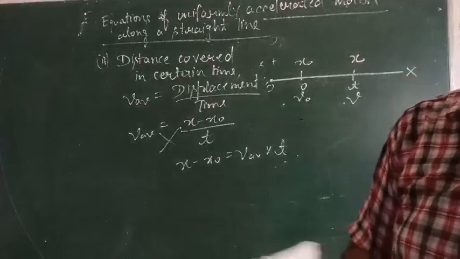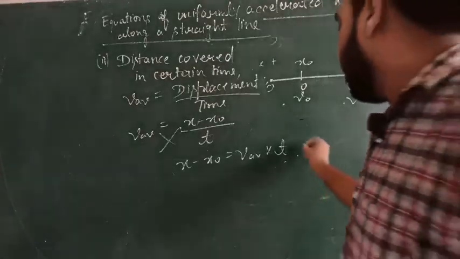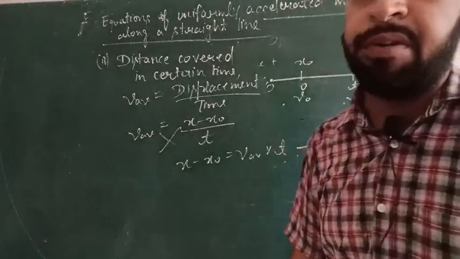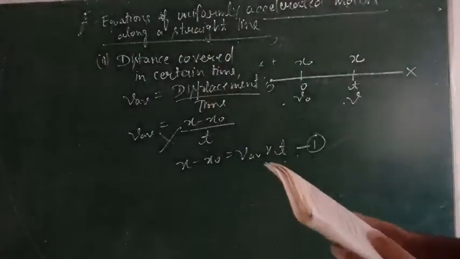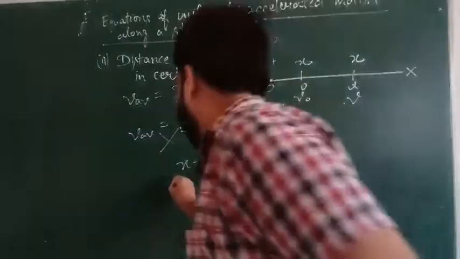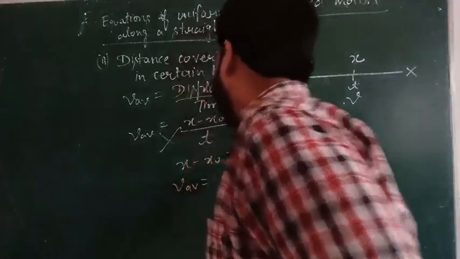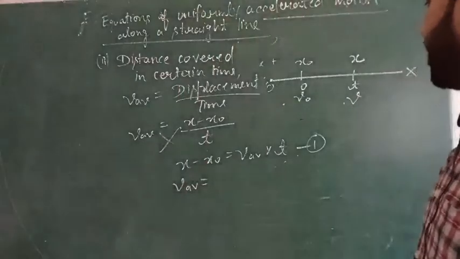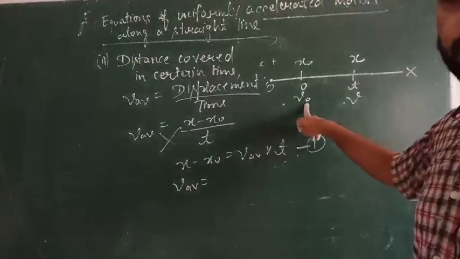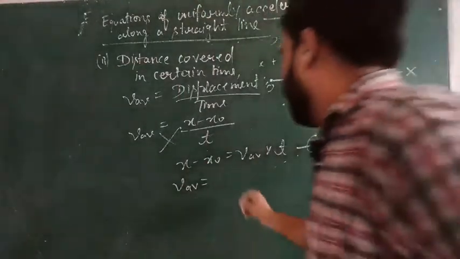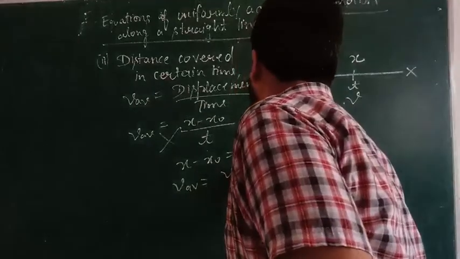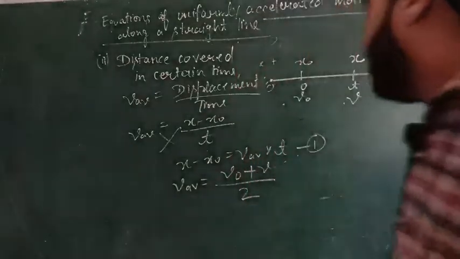This is the formula you can name equation 1. Later on, what is the value of v average? v average is initial velocity plus final velocity divided by 2. Initial velocity was v0 and final velocity is v, so v average is equal to v0 plus v divided by 2.